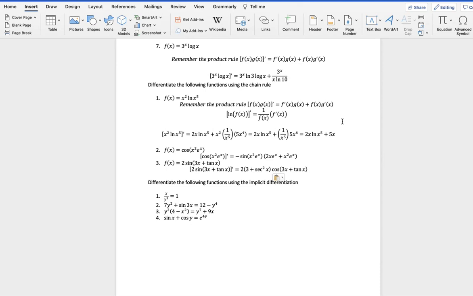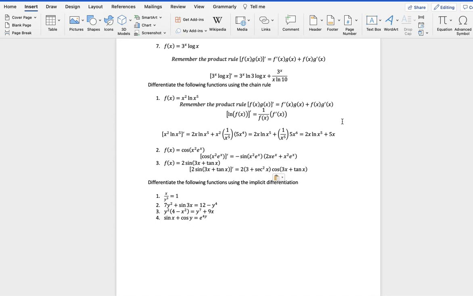Moving on to the last set of questions, asking us to solve these problems using implicit differentiation. Just as a reminder, implicit differentiation means that you're differentiating y in terms of x.